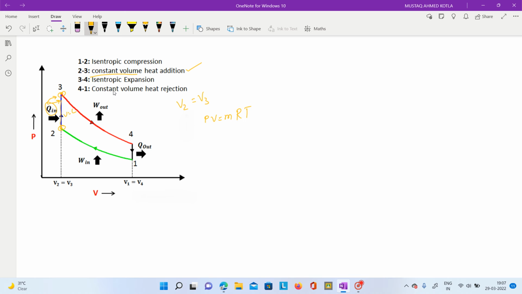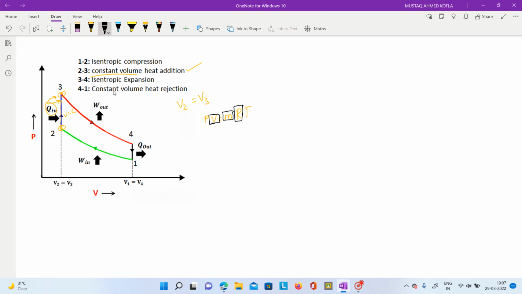Now PV equals to MRT. V is a constant, right? M is our mass, which is also constant. Capital R, universal gas constant, because it is an ideal gas. Its value is 0.287.